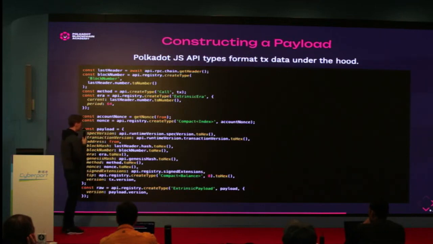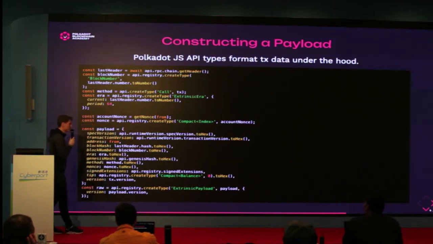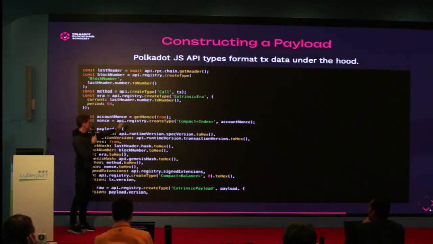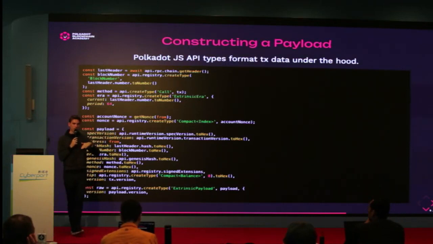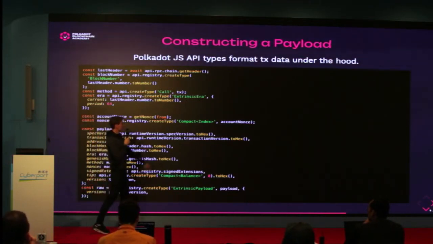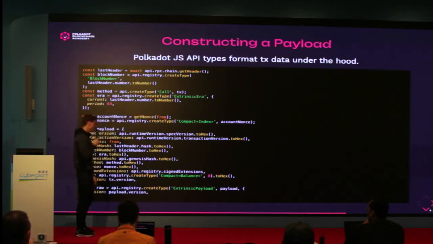You can also notice here that we're using a new API, API registry create type. When Polkadot.js connects to a node and populates its metadata, it's populating this registry with all the types your chain is using. So here's some overlaps like the compact scale index. There's a type called call, extrinsic era, etc. These are not to be confused with TypeScript types.